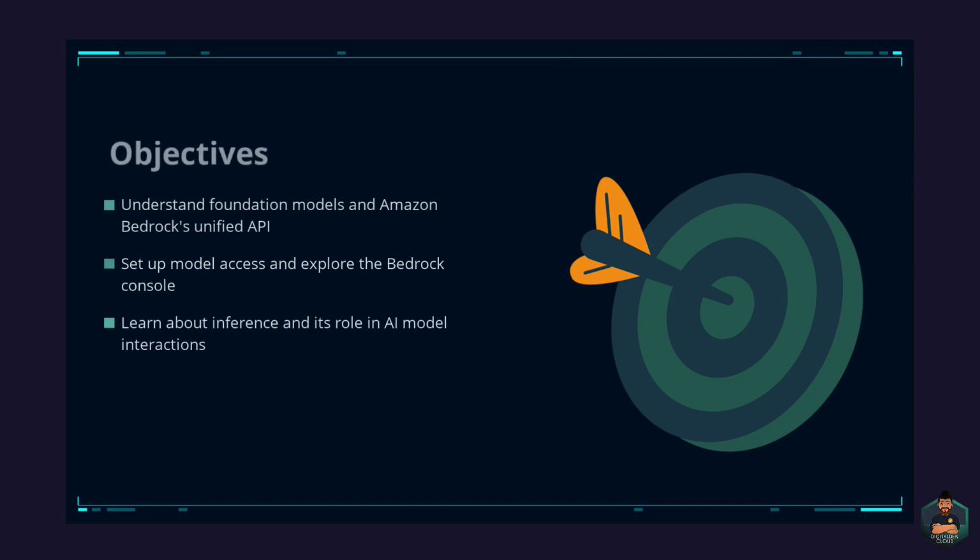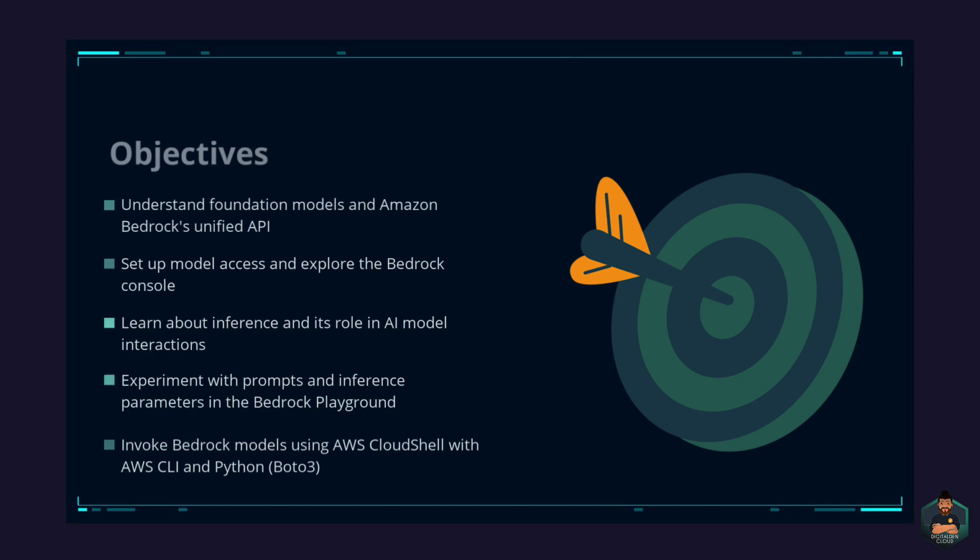Learn about inference and its role in AI model interactions, experiment with prompts and inference parameters in the Bedrock Playground, and invoke Bedrock models using CloudShell with the AWS CLI and Python Boto3.